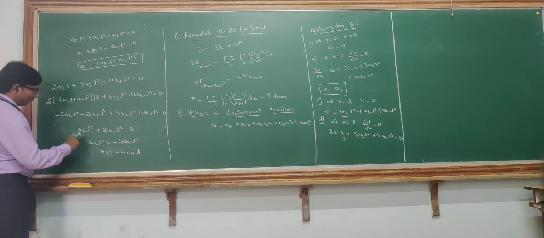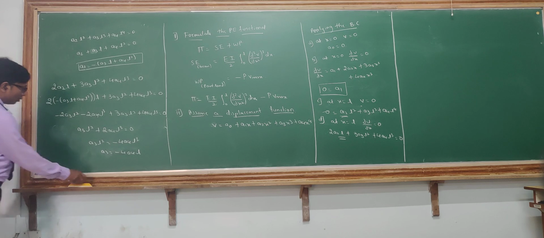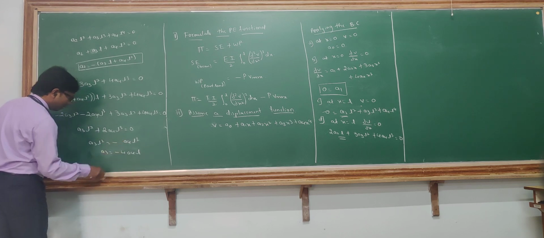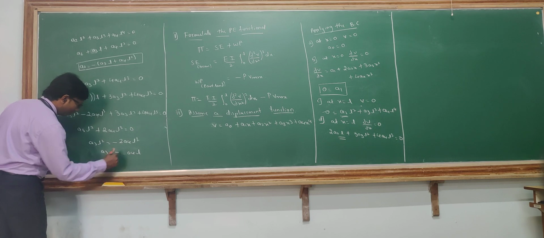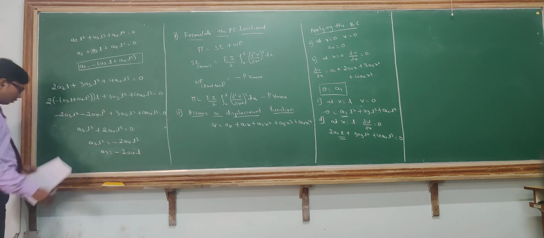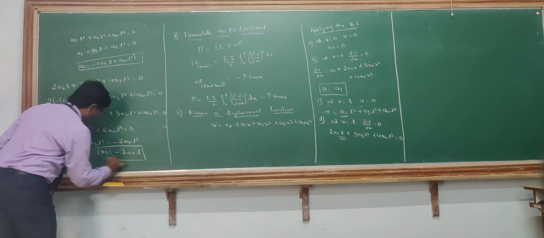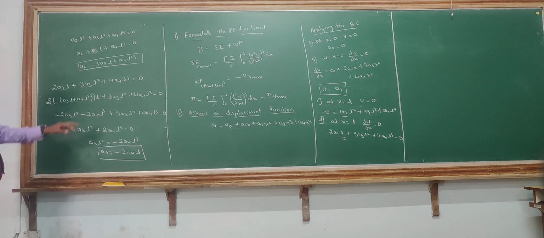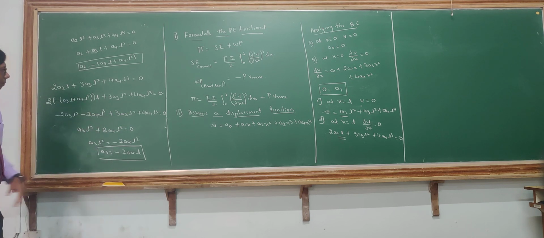So if I do it, I'll be getting A3L square plus 2A4L. So A3 will be minus 2A4L. So this is the A3 value. Okay, I have just made a mistake here. So just you have to take it as plus 4 minus 2 will be plus 2.